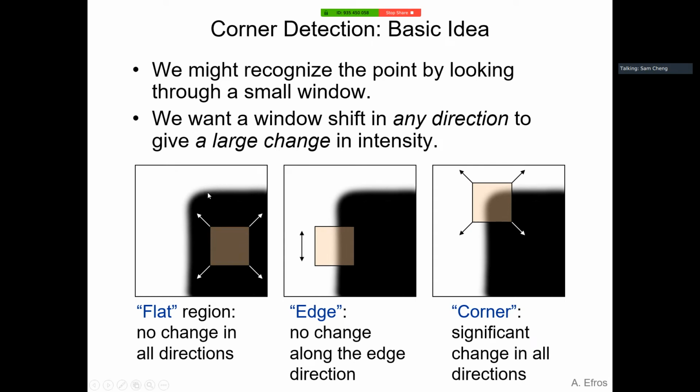If I have a rectangle here, it's a little bit smooth, but we can consider this here a corner, right? So if you think about what's different about a corner from an edge or a flat region?